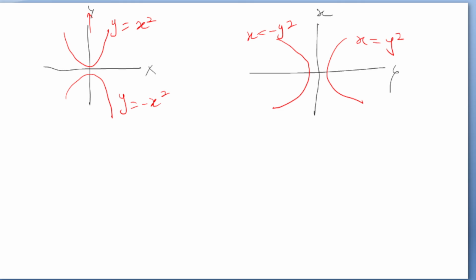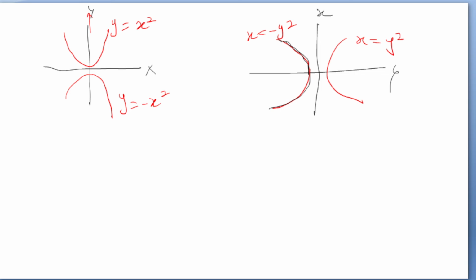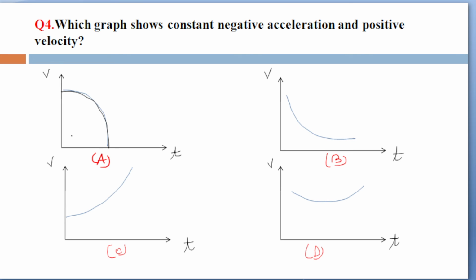So this parabola will follow the answer, that is this one. If we see the graph, this one follows our equation. So option A will be correct, that is this portion. So A will be correct.